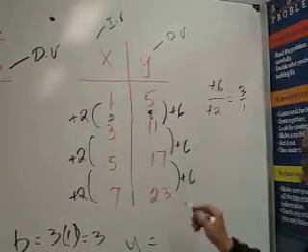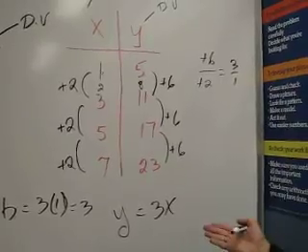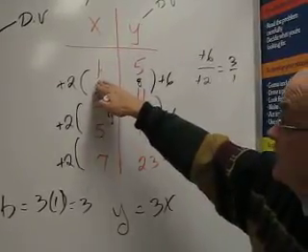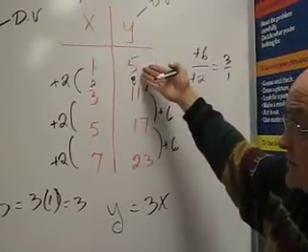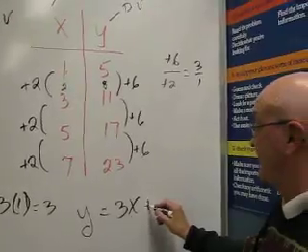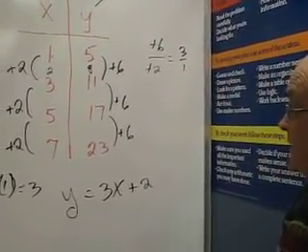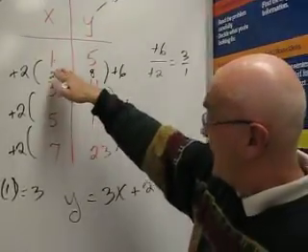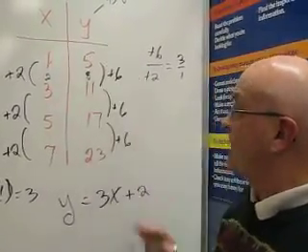So it suggests that I multiply the x value by 3, but when I test it out, 3 times 1 is 3, which is insufficient. It doesn't give me 5. But by trial and error, it does suggest that if I add 2, I might get the necessary relation. So when I go back and try it out, 3 times 1 is 3, plus 2 gives me 5.